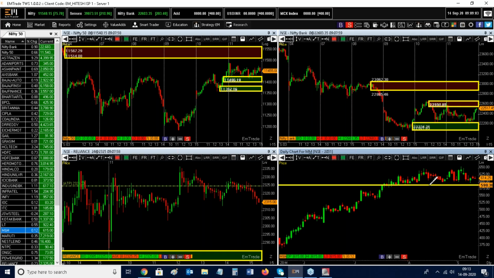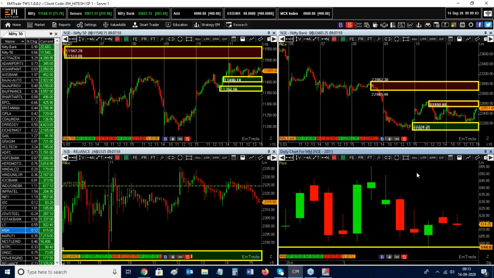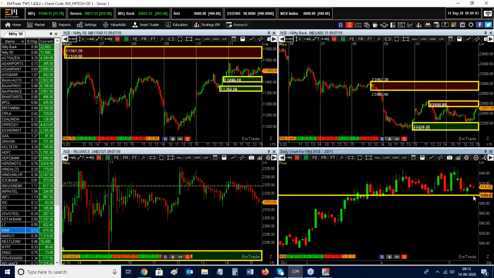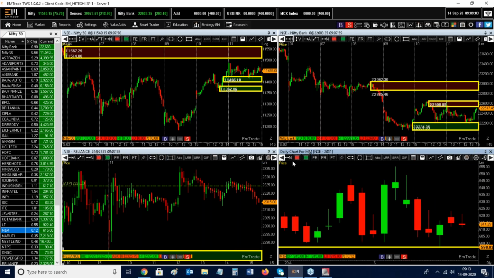It makes sense for us to bring in M&M around this base again. I'm just telling you how to select those stocks outside Nifty, Bank Nifty, and Reliance. M&M is just trading at this base, so when it comes to this base, it makes sense for me to buy.